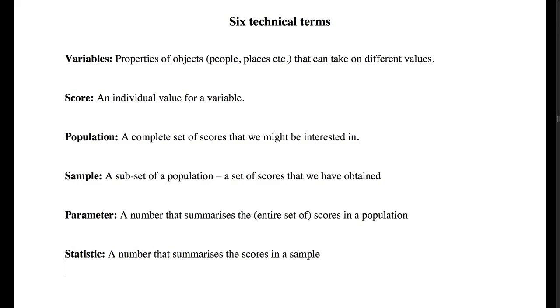So parameter and statistic. So when we summarize a set of scores, if we're summarizing a population, that's the parameter. If we're summarizing the sample, that's a statistic. So an example of a statistic would be the percentage of people preferring vanilla ketchup.